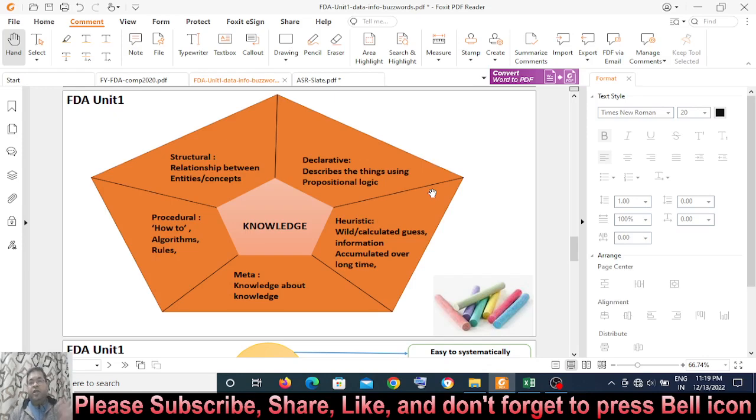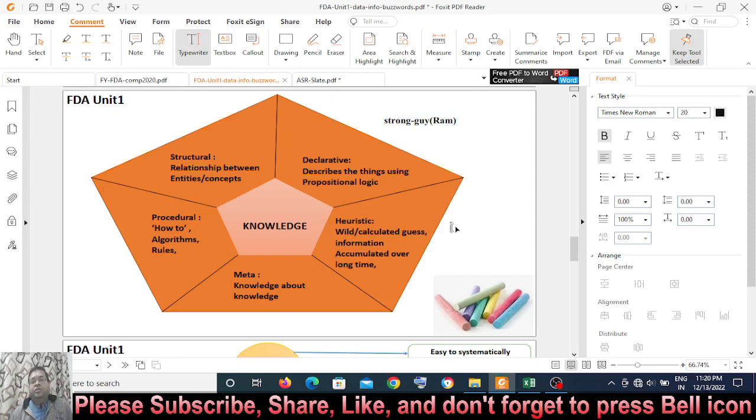We can write this in a very easy way: strong guy, Ram. What I am having is a propositional logic. I am saying Ram is a strong guy. So this is a declarative sentence. All declarative sentences in a language are called declarative knowledge, which actually describes everything.